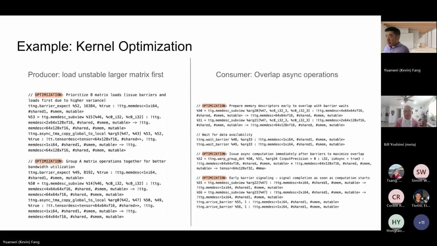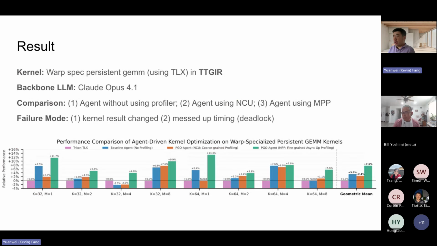And we tested this on the manually optimized TLX persistent GEMM kernel, using the Claude Opus 4.1 backbone LLM. We did a few comparisons. The first one is the baseline, the Triton TLX. The second one is the agent without using the profiler.